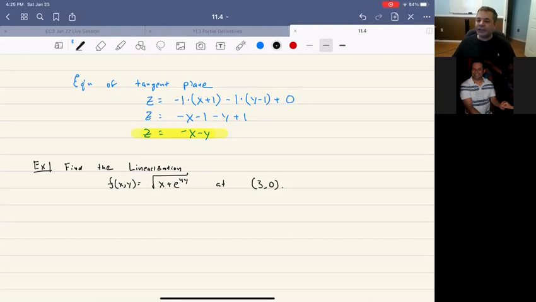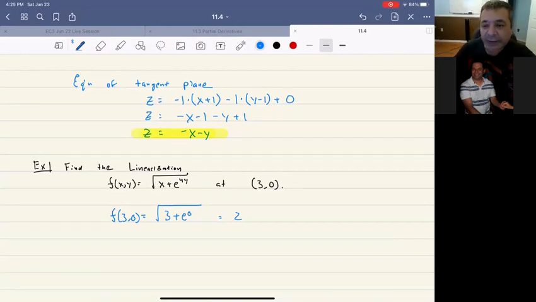Now here, this is actually the linearization equation of the tangent line. They're really just the same thing. It's just different language. Okay, so we're going to find our z first. f of 3, 0 is going to be the square root of 3 plus e to the 0, which is 1. 3 plus 1 is 4, square root is 2.